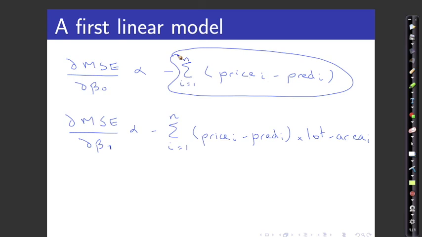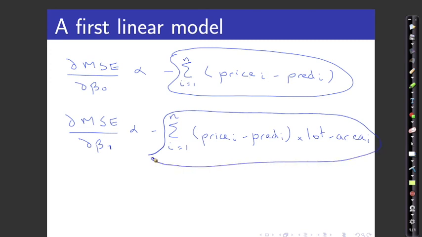How about this term over here? What does it mean to move in this direction? Well, this is the direction we move with regards to the gradient. Now, the term inside the sum sign is actually the correlation between our errors and the lot area.